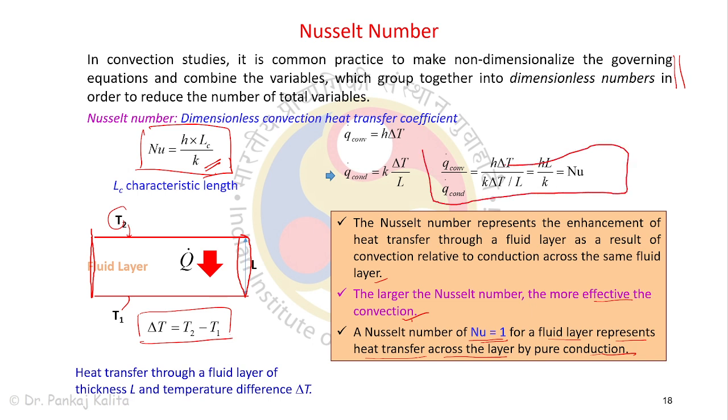If you put the formula into this equation, you will get Nusselt number is hLc by k, where Lc is your characteristic length. This formula you need to remember. So the greater the Nusselt number, the more effective is the convection within the given fluid layer. If Nusselt number is 1, then pure conduction heat transfer is happening.